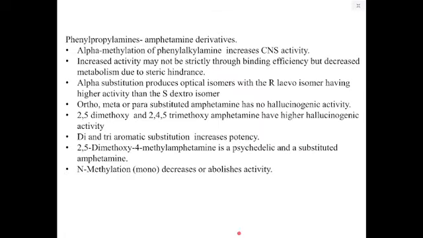Alpha methylation of phenylalkylamine increases CNS activity, as we had said before. This is mainly because of decrease in metabolism. Increased activity may not be strictly through binding efficiency, but decreased metabolism due to steric hindrance. So the metabolism, as we have said, the main route of metabolism is oxidative deamination catalyzed by monoamine oxidases. So we slow that down.